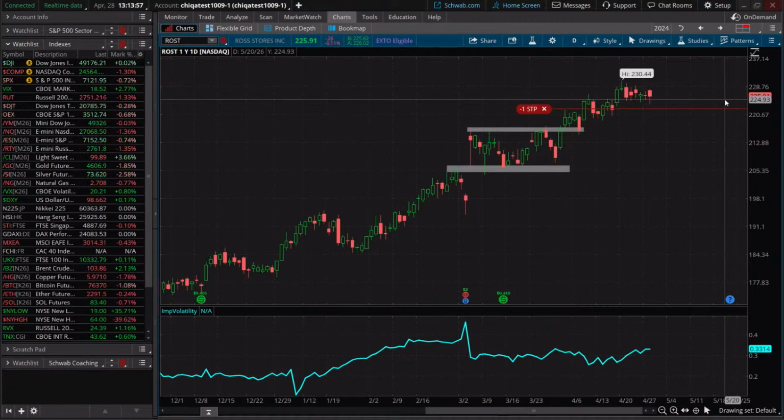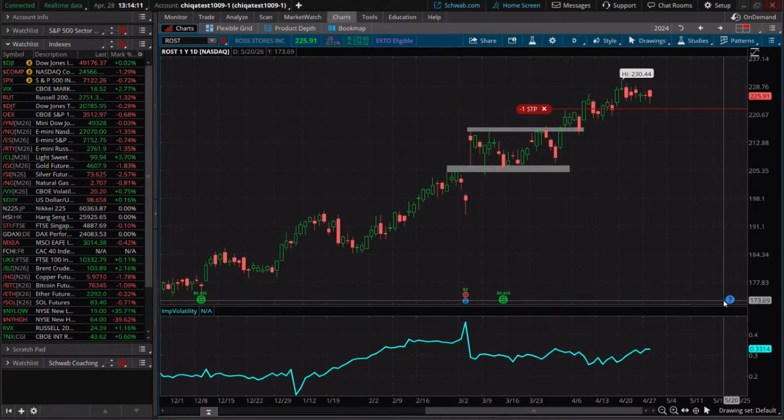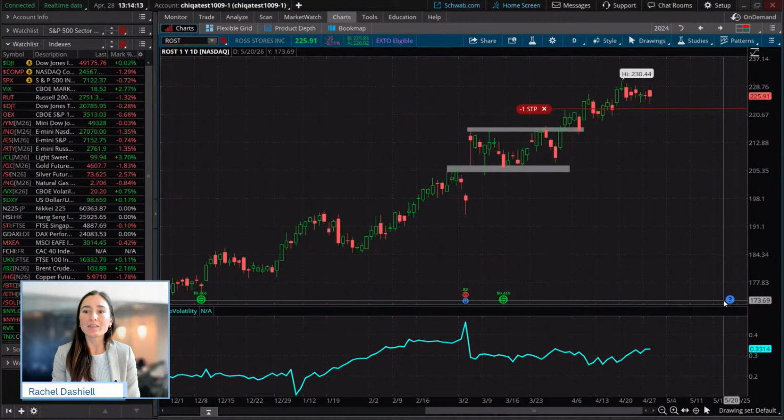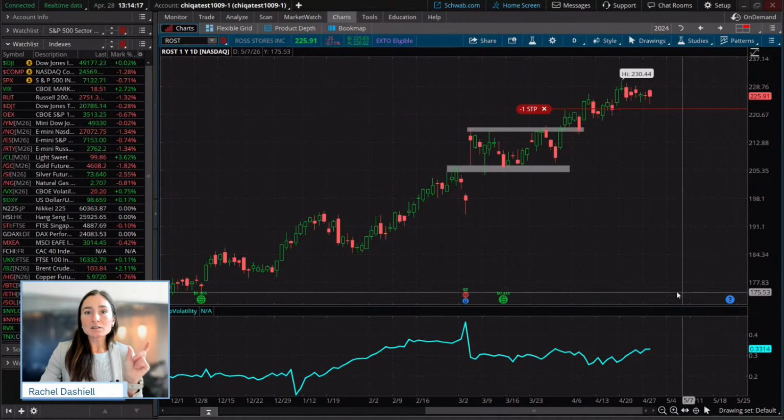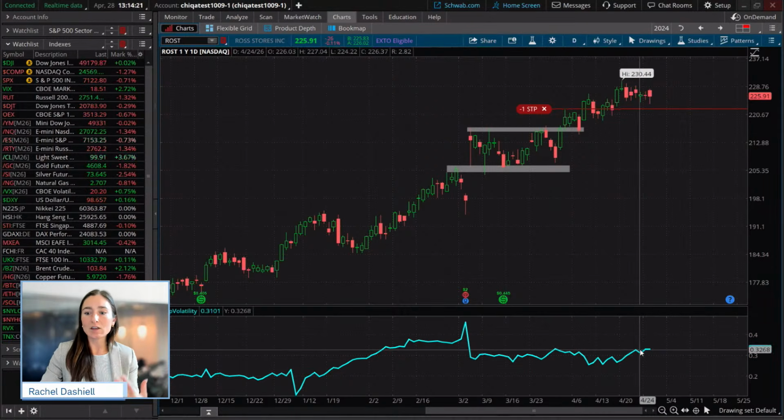So maybe just over the next couple weeks, because we want to make sure that we have a near-term option expiration that expires before May 20th, because that is when our earnings release is. We don't want to be trading around that time. So we're going to look at something very short, maybe just a couple weeks until expiration, to take advantage of some of these heightened levels of implied volatility.